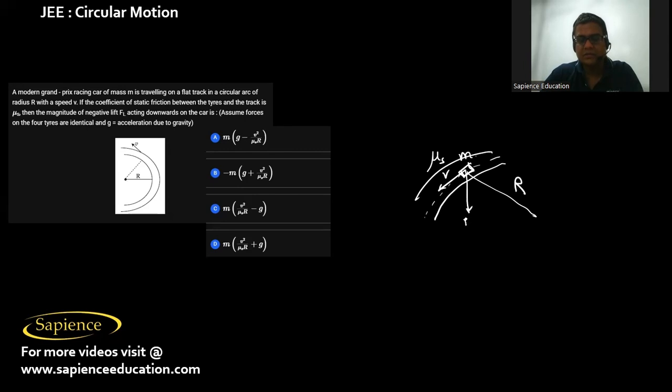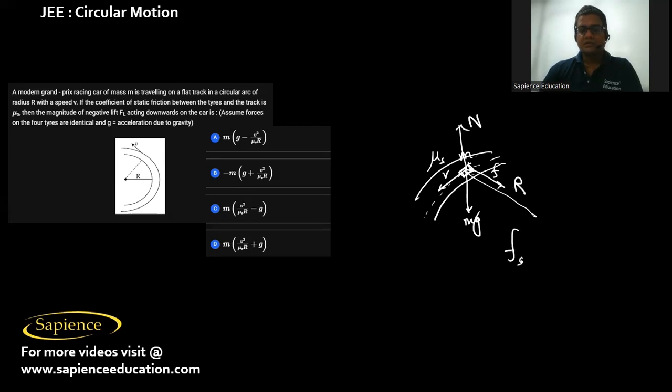So here mg will act downwards. The normal reaction force will act upwards. Friction is acting towards the center.